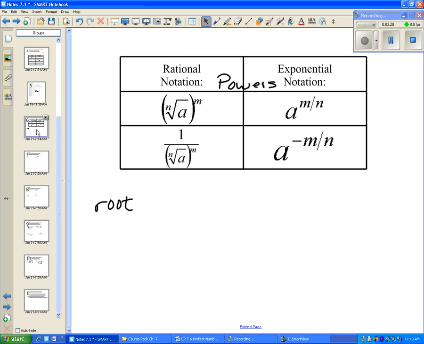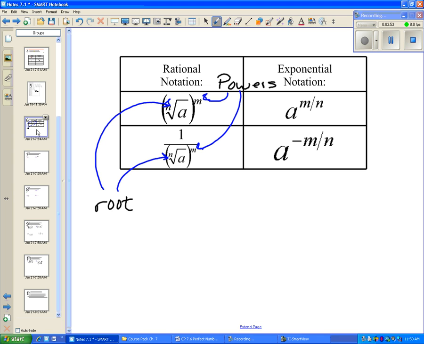When I look at radical notation, the root is always in the radical sign. The letter n is my root. The power is the power that it's being raised to. It's the exponent. So the m is the power. Well, let's look at exponential notation.